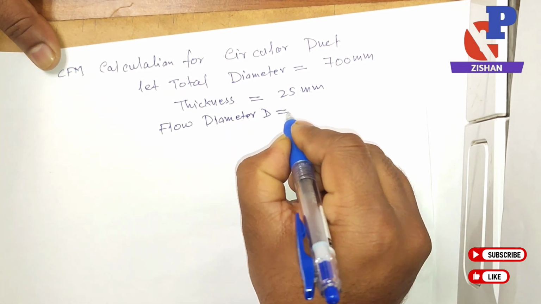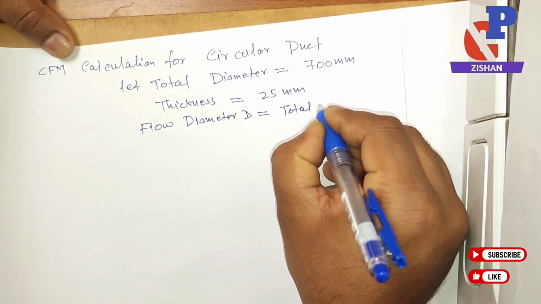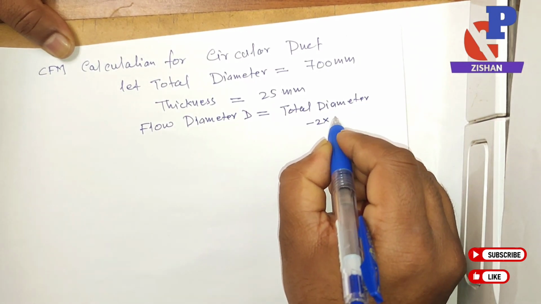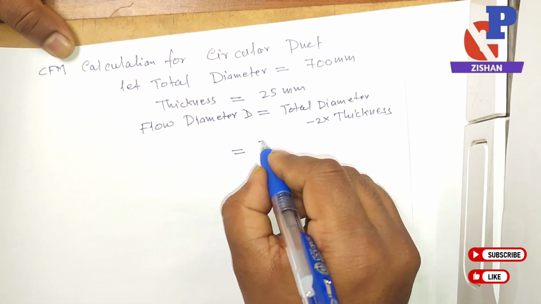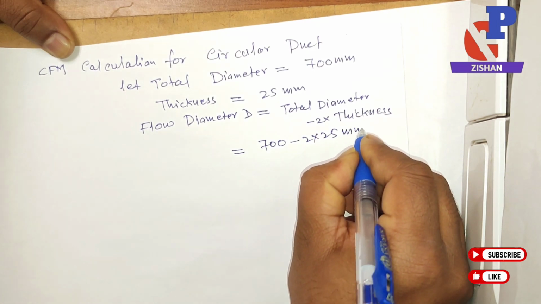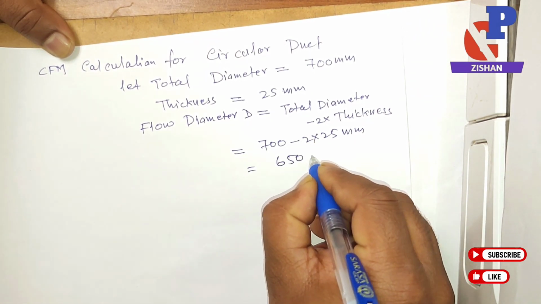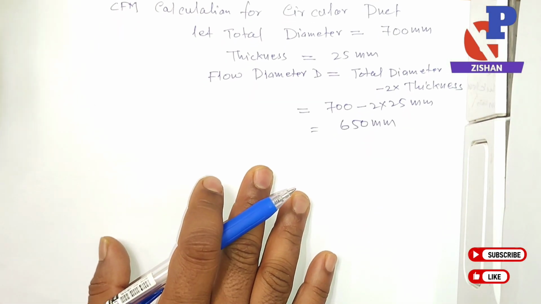The total inside flow diameter equals total diameter minus 2 times thickness. Why multiply by 2? Because the thickness is on both sides, so we have to subtract both sides. After subtraction, we found the diameter is 650 mm.